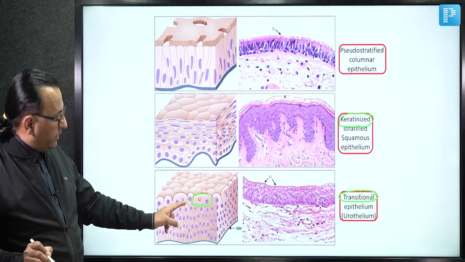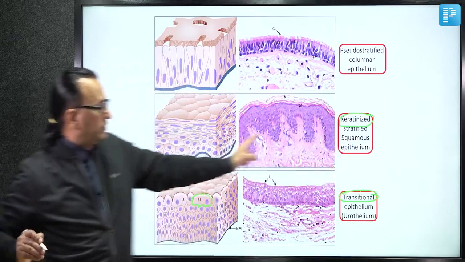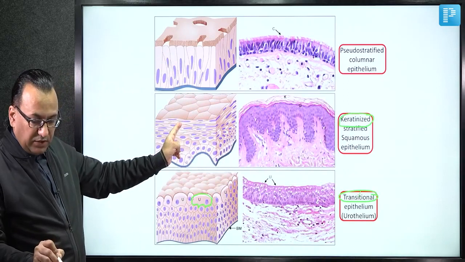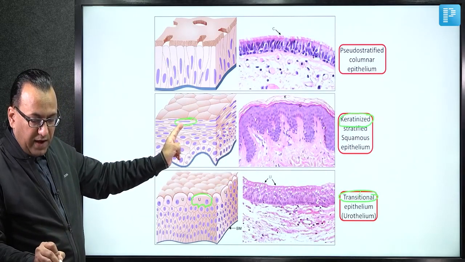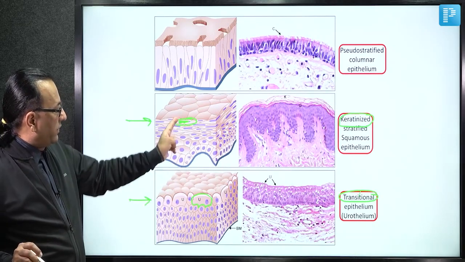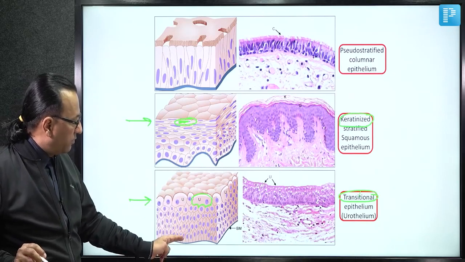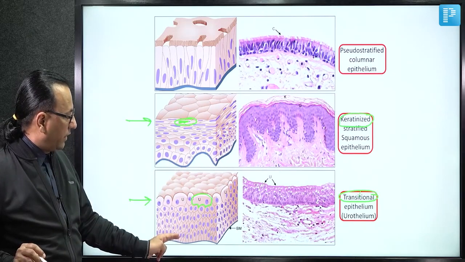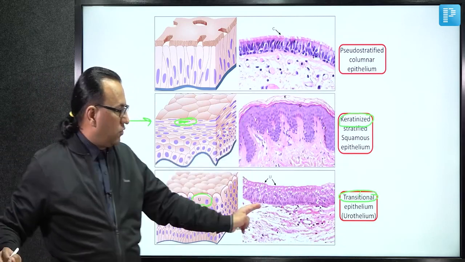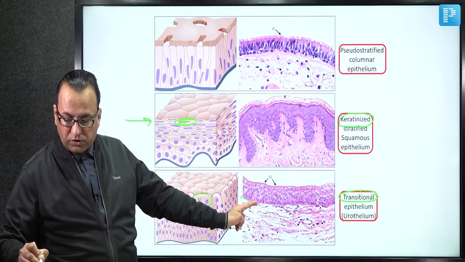You are comparing it with which epithelium? The stratified squamous epithelium. As we see here, the cells at the surface are flat cells with a flat nucleus. So, in higher magnification, you can make out the difference between the superficial cells. Otherwise, they give the appearance of being stratified and can be confusing. There is one more difference you can see. In the transitional epithelium, the basement membrane is going almost straight.